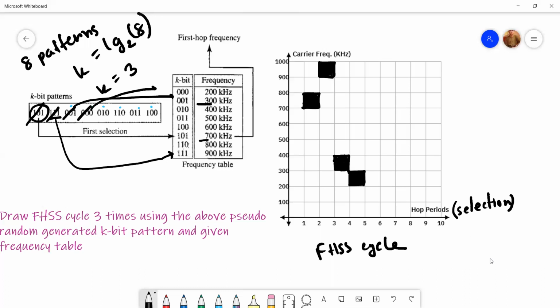Next is the fifth selection, which is 010. So 010 is basically 400 kilohertz. For the fifth selection, I'm going for the 400 kilohertz. This should be here. For the sixth selection, 110, this is 800 kilohertz. So this is going to be my 800 kilohertz.